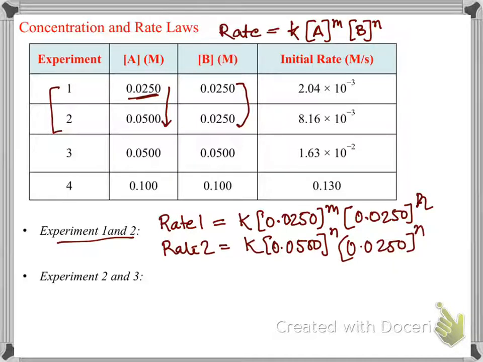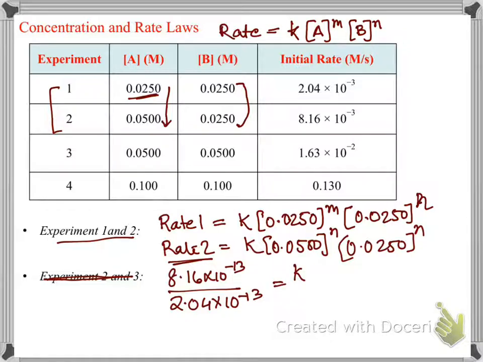Now what we're going to do is cancel this right now. We're going to do rate 2 over rate 1. We are basically dividing rate 2 by rate 1. So what is rate 2? It is 8.16 times 10 to the negative 13 divided by rate 1, 2.04 times 10 to the negative 13. So basically your rate 2 is on the top. It should be m here.